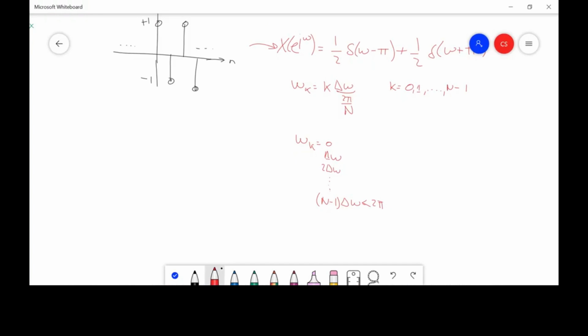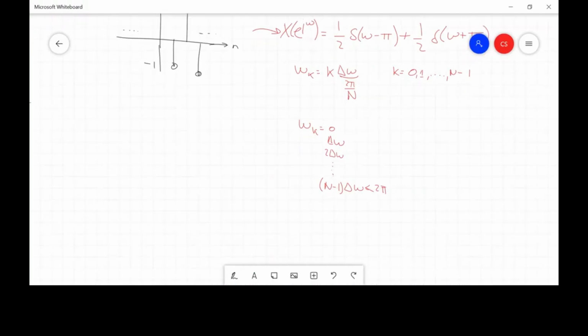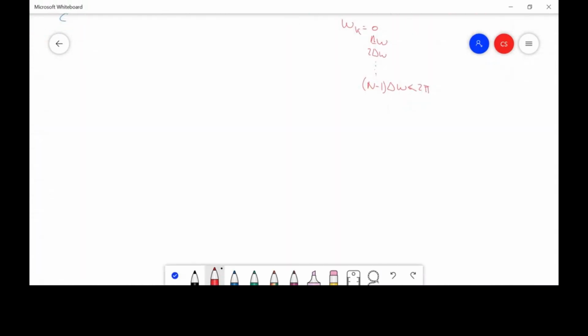So you may remember from linear systems that, let's say you have a system, you have an input x of t, and you have a system A, and then you have your output. That is, in linear systems, the convolution of the two: y of t equals x of t convolved with h of t. I forgot the t.